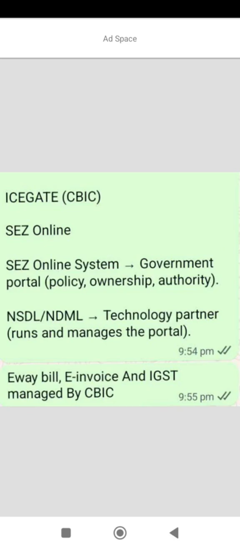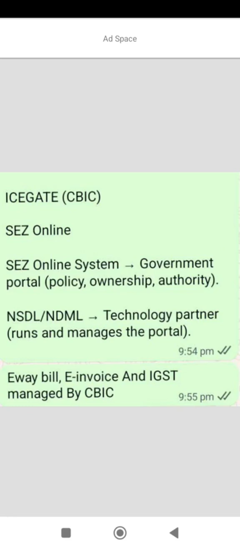And SEZ Online Services. SEZ Online is a government portal which was founded around 2009 or 10. SEZ Online system is owned by the Government of India. The government makes policy, ownership, authority, all things is given by Government of India to the SEZ Online system.